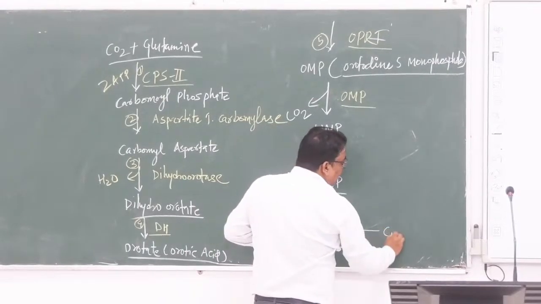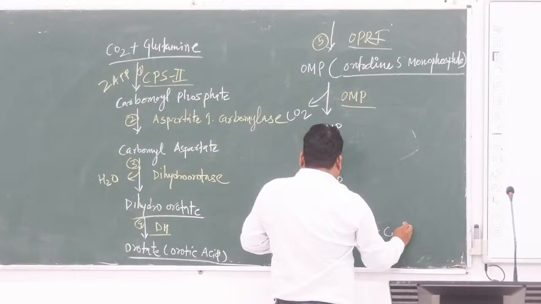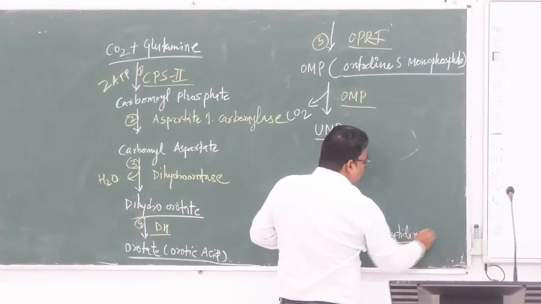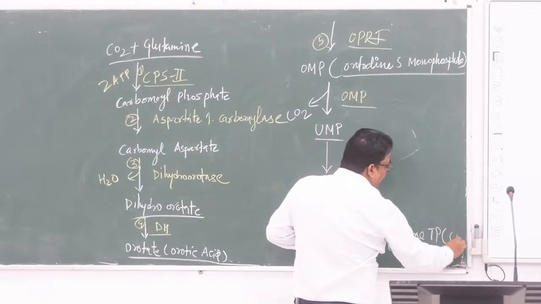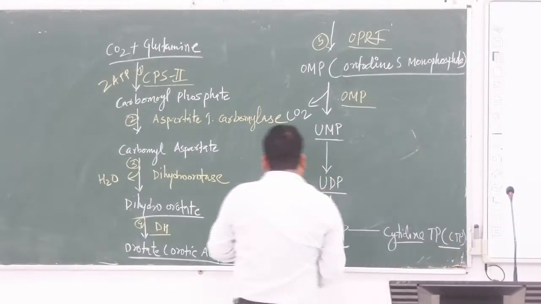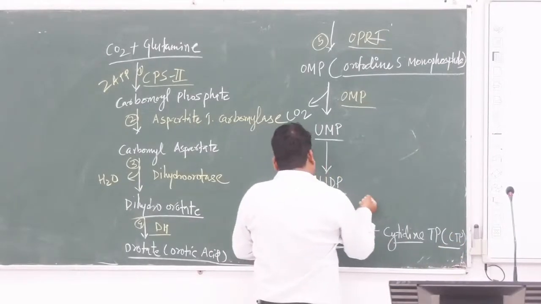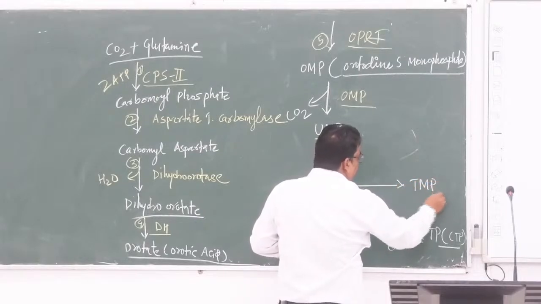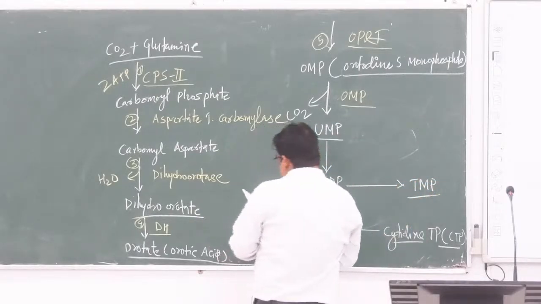and this cytidine triphosphate is called CTP. Monophosphate.